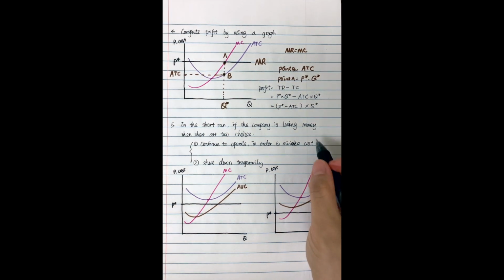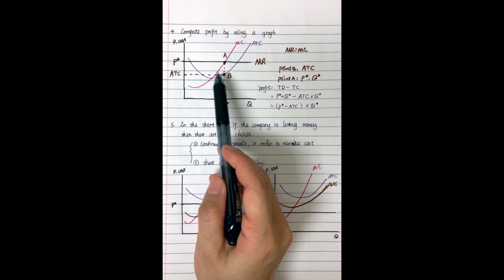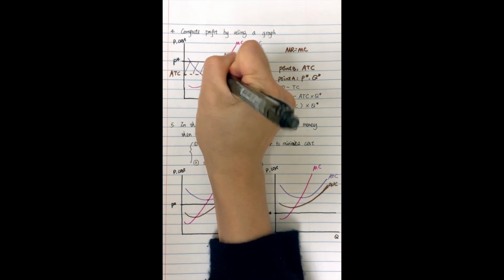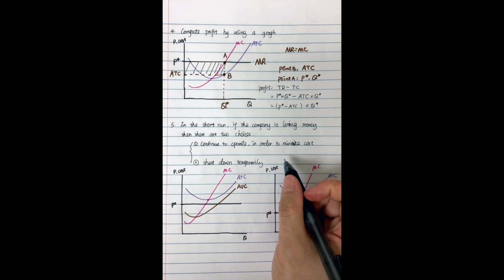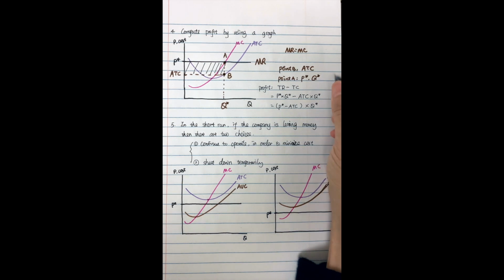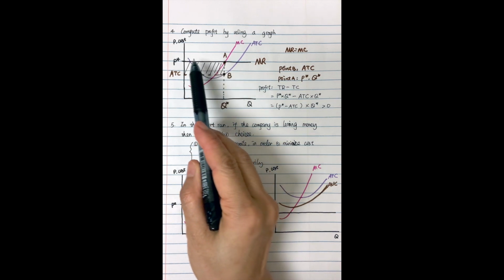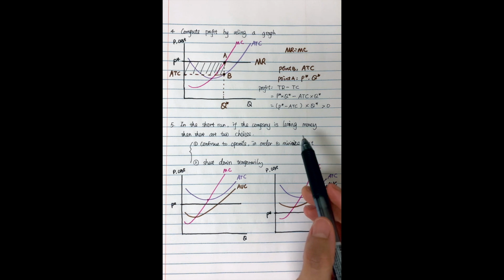And very similarly, you can find this part on this graph, okay? It will just be this area. So this rectangle here represents the profit, and this profit here from this graph is positive, okay? So this shaded rectangle here is the profit that we can find from the graph.